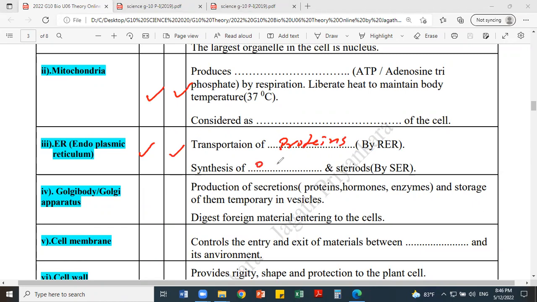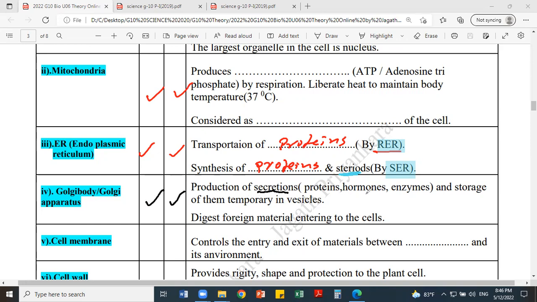Synthesis of protein within the cell is by RER, endoplasmic reticulum. You have to be very careful. This is by RER, that is by SER. SER produces cholesterol or steroids, which means lipids. Steroid means lipid. For example, hormones are steroids. Golgi complex is also present in both.